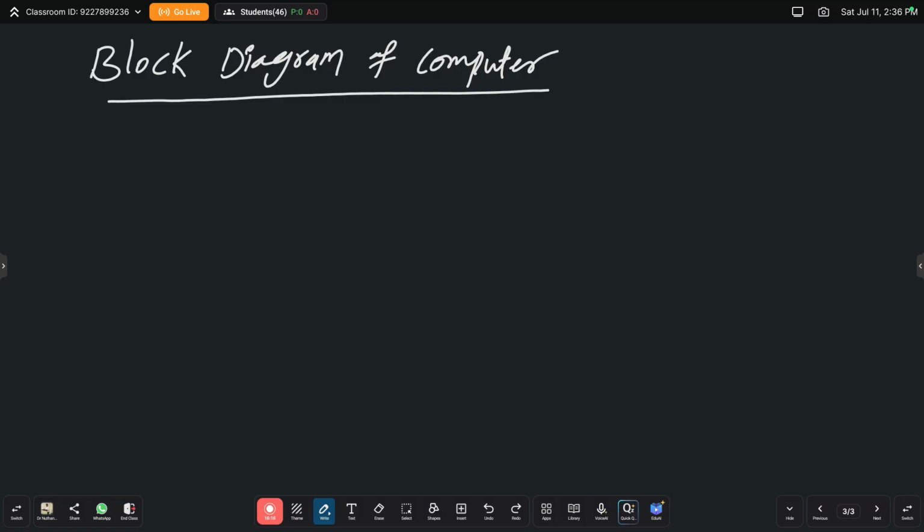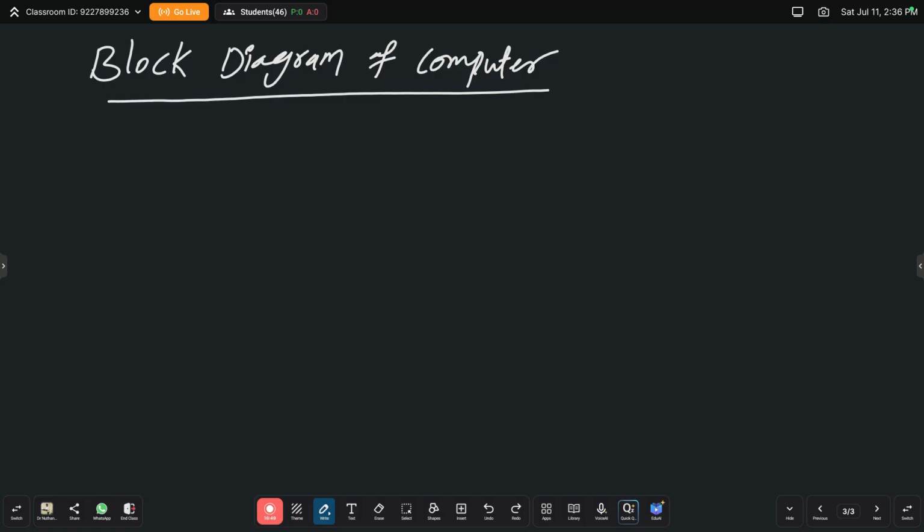Okay, tell me what your computer is going to expect? Input. So how are you going to give input to your computer? Through what? Keyboard. Only keyboard?